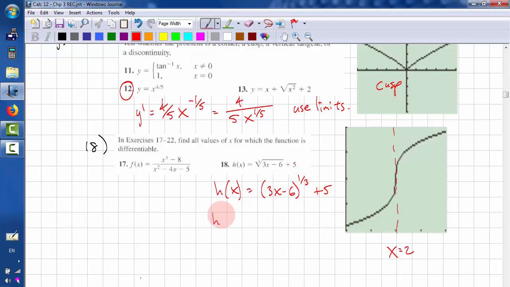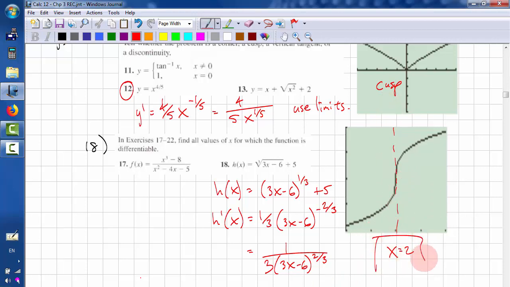So the derivative, so we have 1 over 3x minus 6 over 2 to the power of 3. Okay, so this is a vertical tangent. And we have a vertical asymptote, so it's not differentiable at x equals 2.